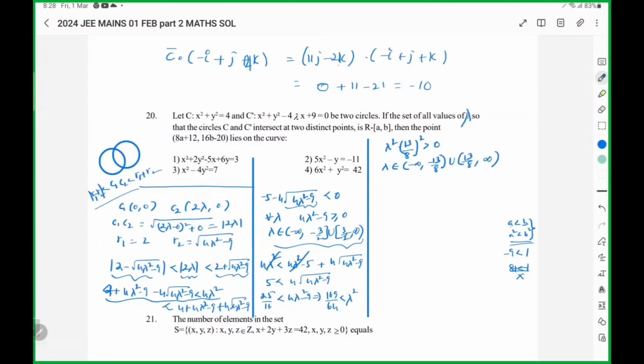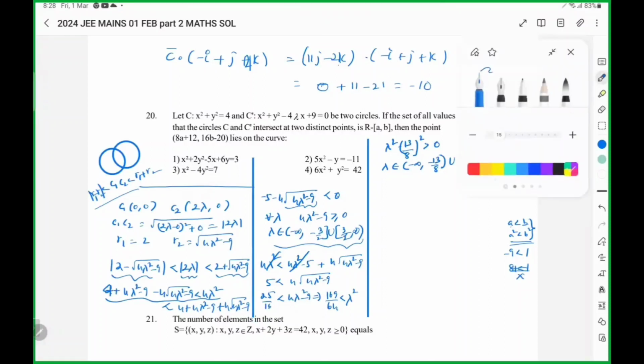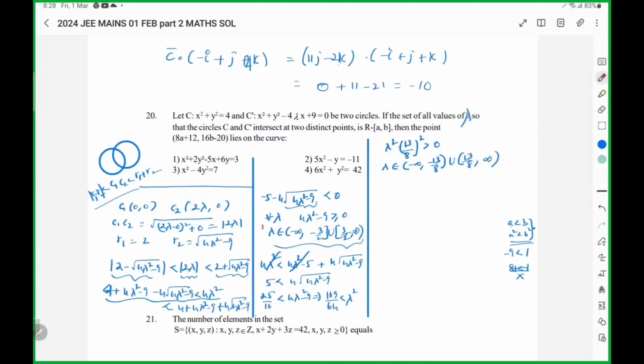So now, in fact, here we have one is this relation, other is this relation. Let us take the intersection. 13 by 8 is more than 1.5. One is minus infinity to minus 3 by 2, 3 by 2 to infinity.